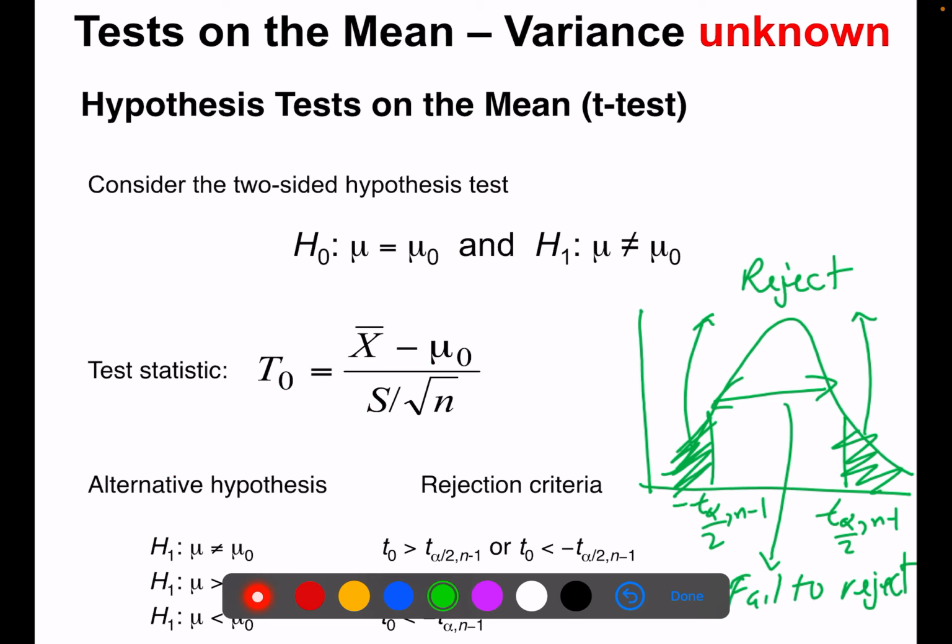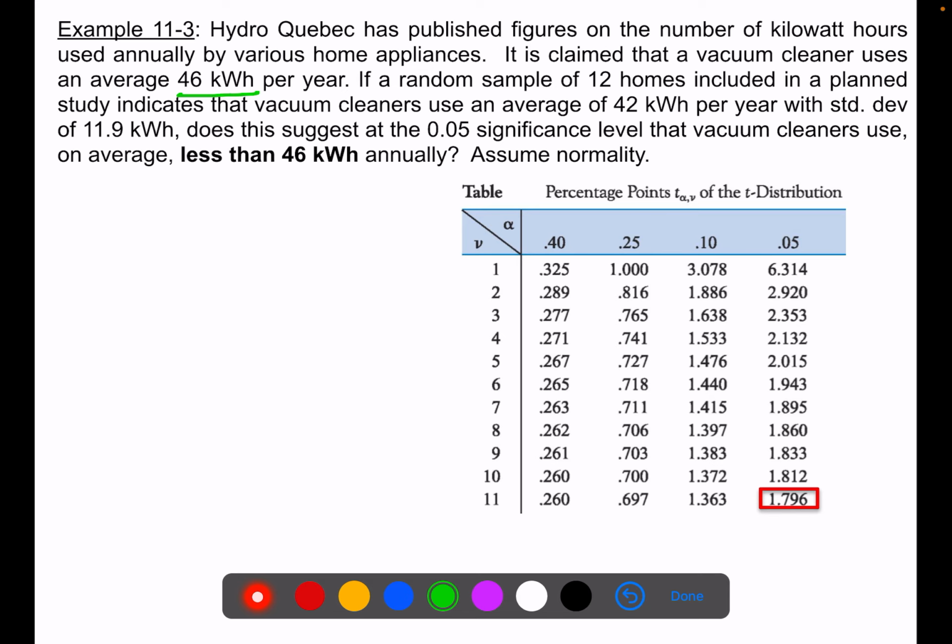Hydro-Quebec has published figures on the number of kilowatt hours used annually by various home applications. It's claimed that a vacuum cleaner uses an average of 46 kilowatt hours per year.